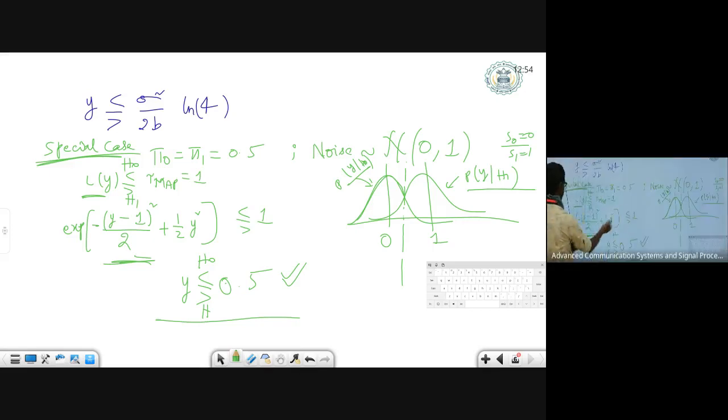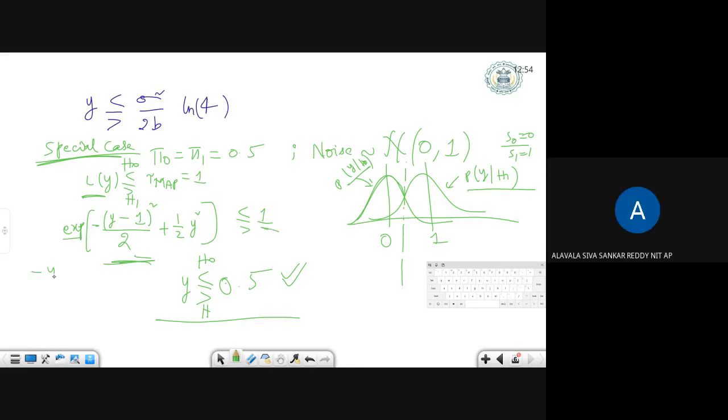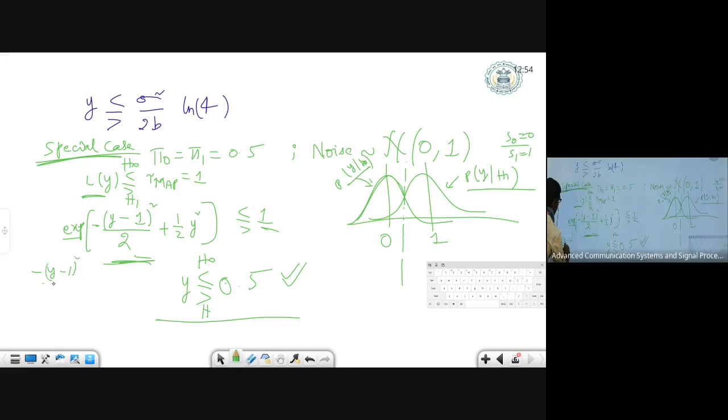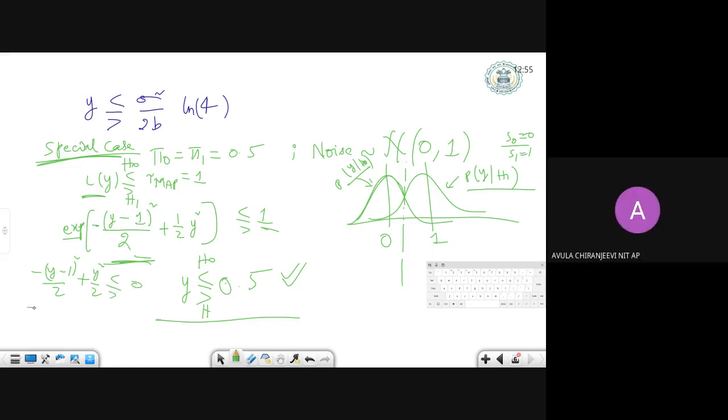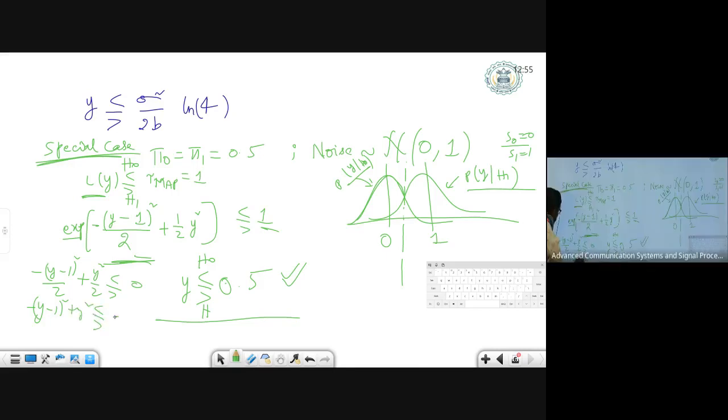Yeah, let me do it. So ln of 1 will be 0, right? So 0 equals minus (y minus 1) whole square by 2 plus y square by 2. So 2 goes to the other side: minus (y minus 1) whole square plus y square equals 0. Okay, so minus of y square minus 2y plus 1, plus y square.